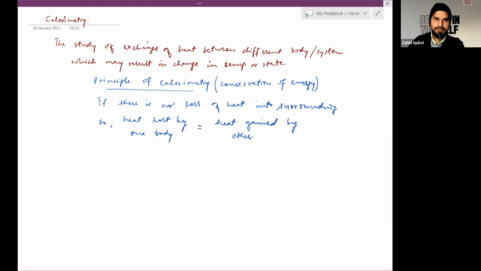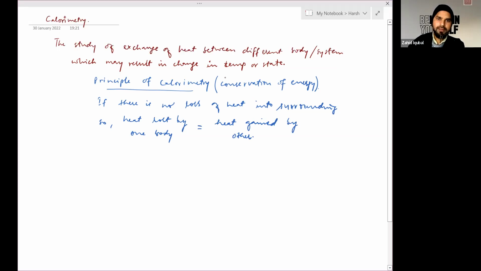Now, this heat may change the temperature of that particular body or may change the state of that particular body. So depending upon this, we may define heat into two parts.